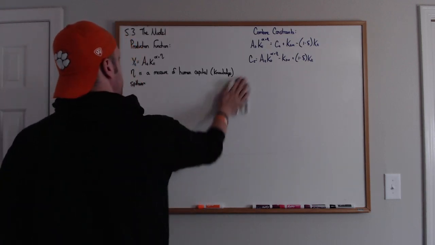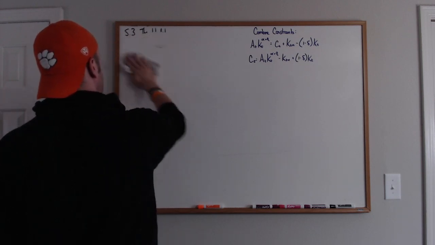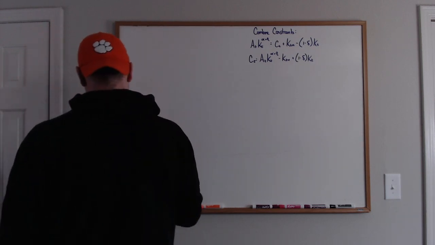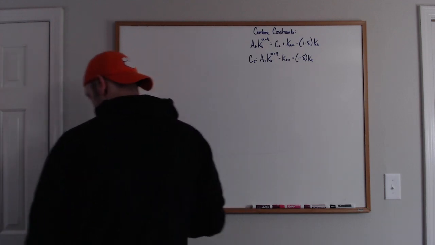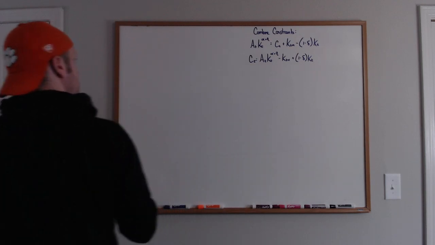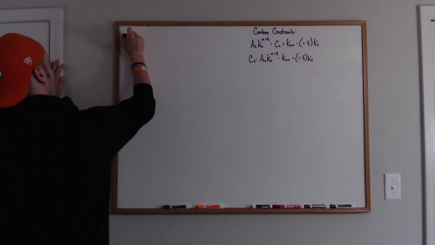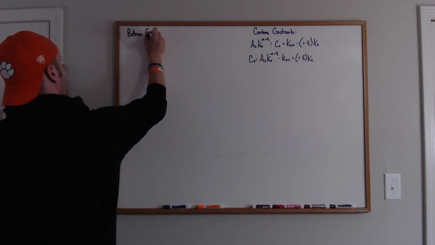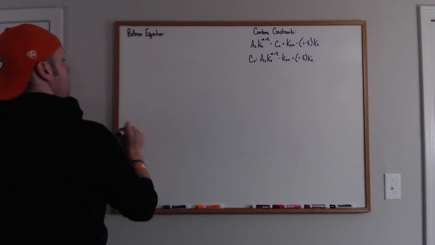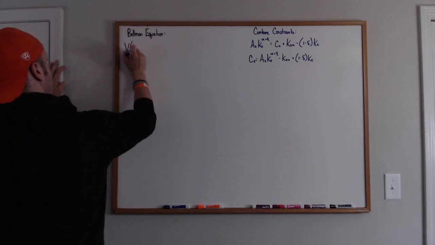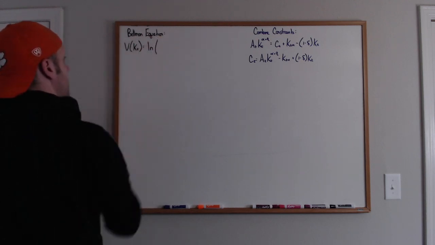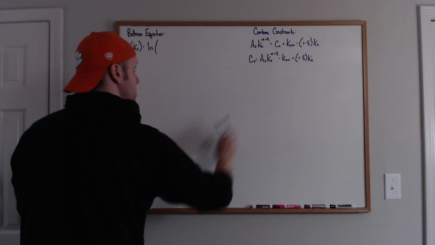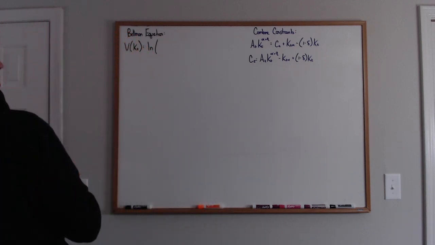I'm just going to erase this stuff over here. So we have our Bellman equation. V of kt equals the natural log of consumption, but consumption is also equal to this, so I'll just throw that in there instead.